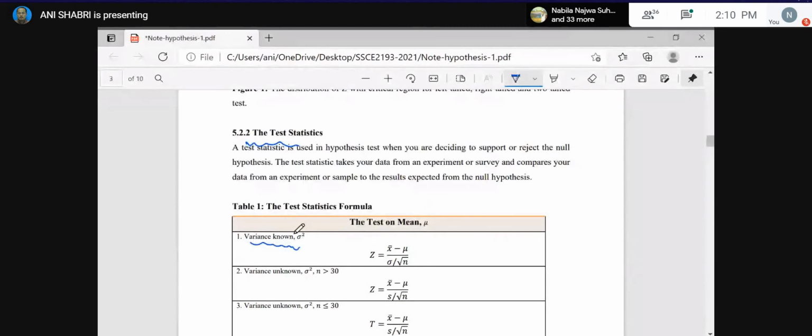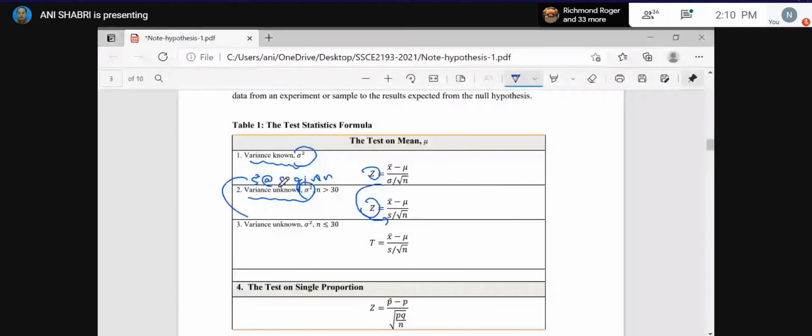If you find the variance is unknown, meaning s or s squared is given, and n is less than 30, we must use the t test. Okay, we look at how to use the formulas.